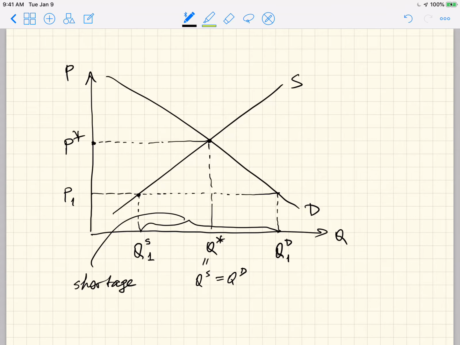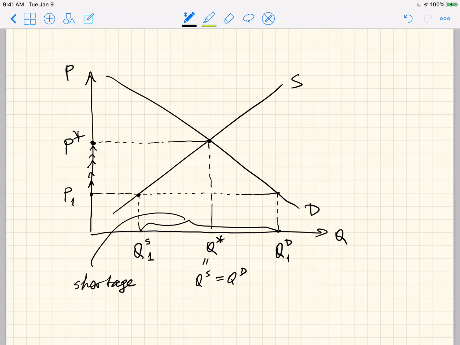A shortage, which basically means that consumers want more stuff than is being produced by producers. And well, in such situations, we usually and actually always have an upward push on the market price. So that's why we expect this price to keep going up until it gets to the point of equilibrium.